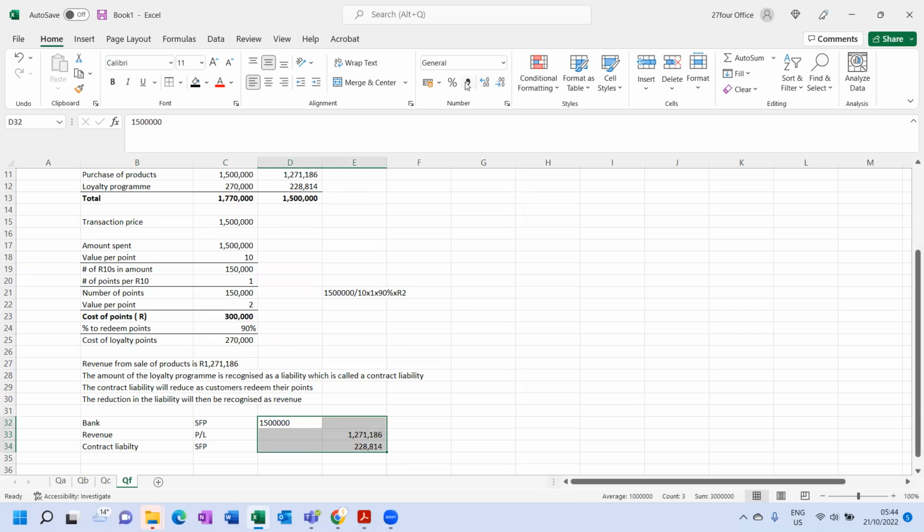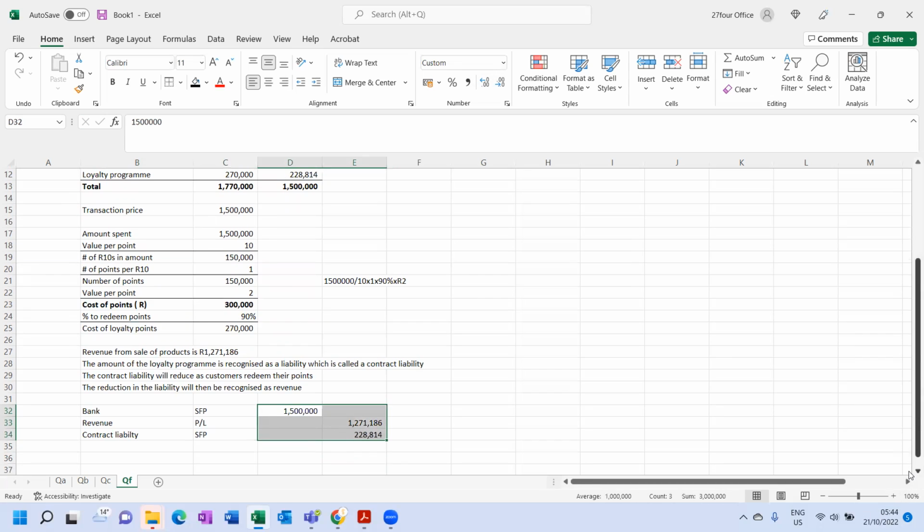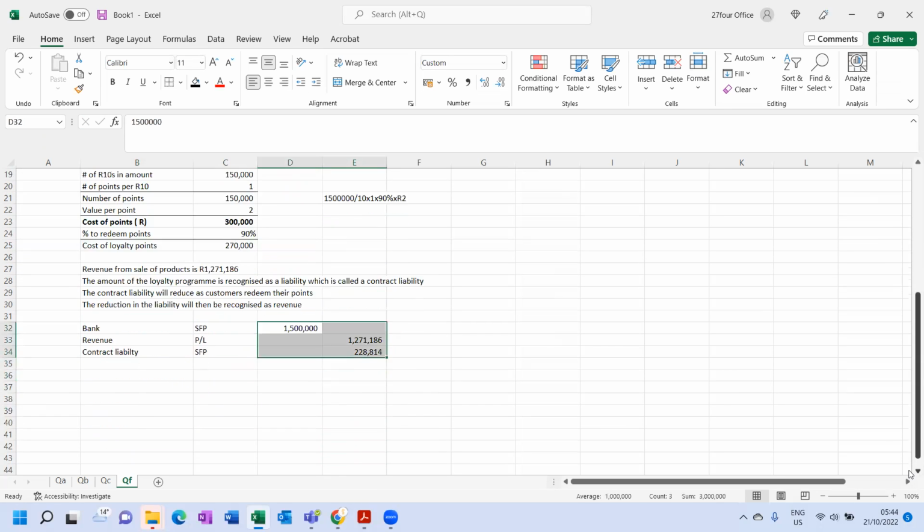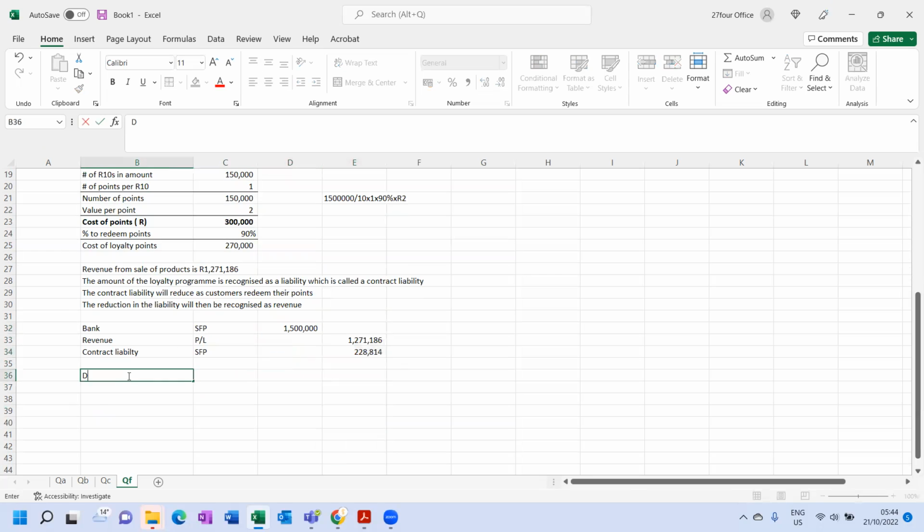Now, during the year, customers redeemed some points. Customers redeemed 20,000 points.